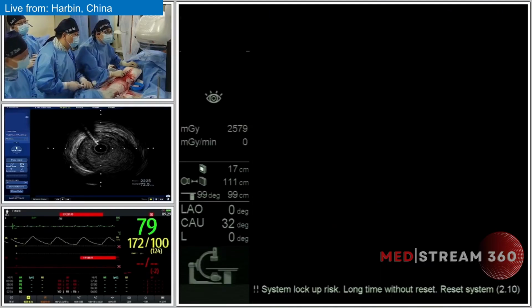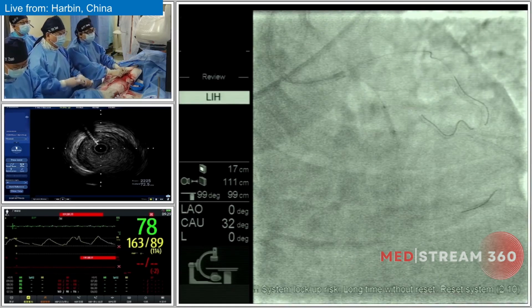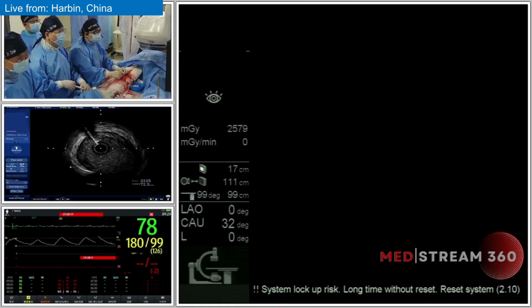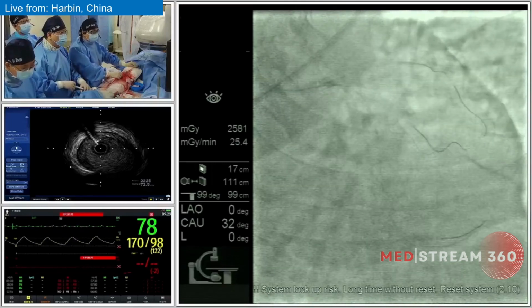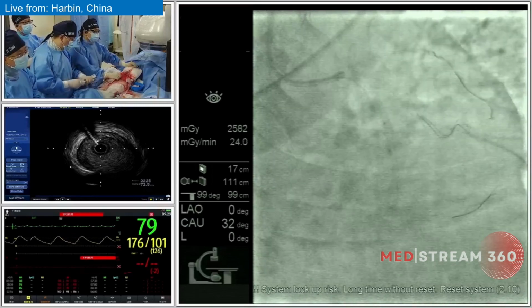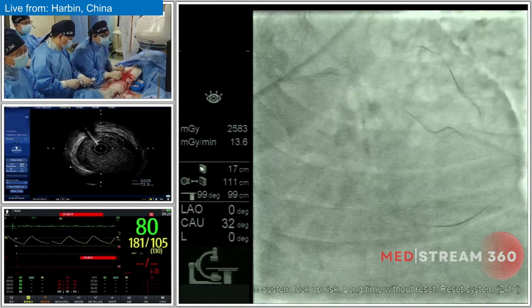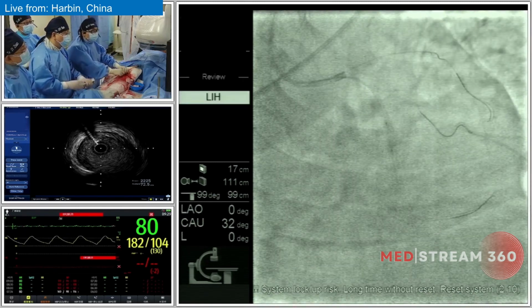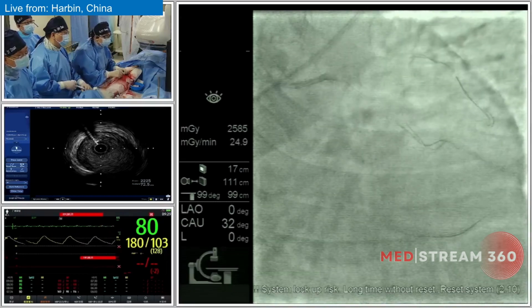The parallel wiring technique allows the operator to keep the first wire, which has gone into the subintimal space into the distal cap, as a marker where a second wire can be manipulated into the true lumen, guided by the position of the first wire.